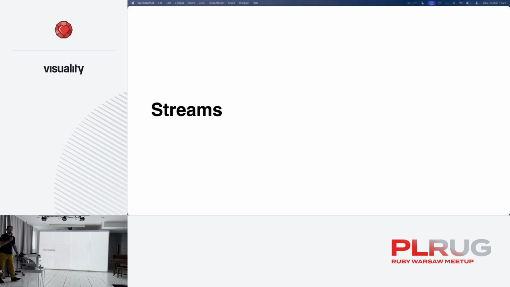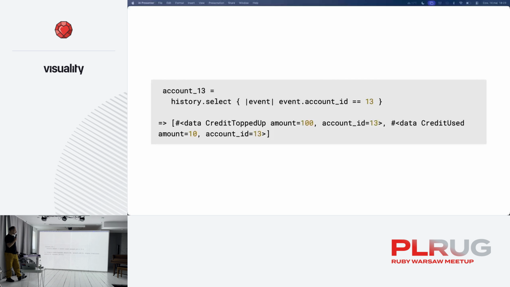The next topic in that context is streams, because events exist in some groupings. A stream is a grouping of events that share a single quality, like they belong to a very particular account ID. Then we can call that the stream that holds any event that belongs to that account.